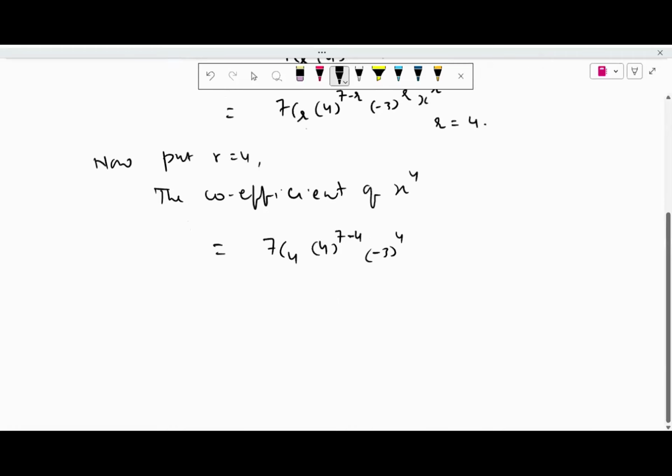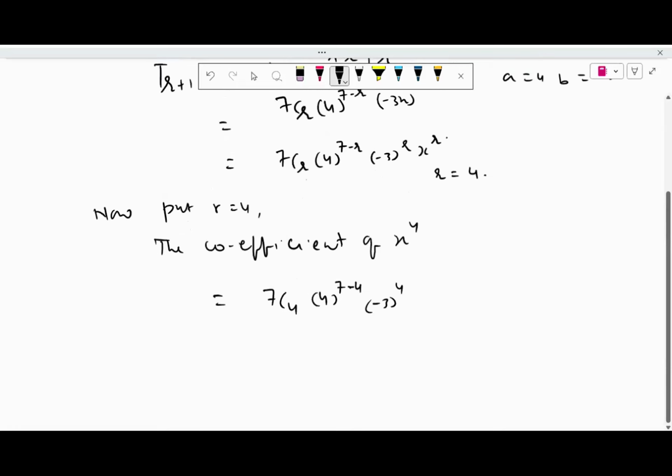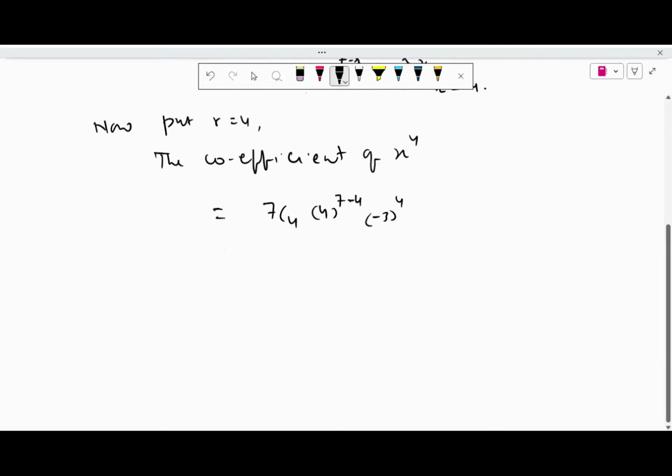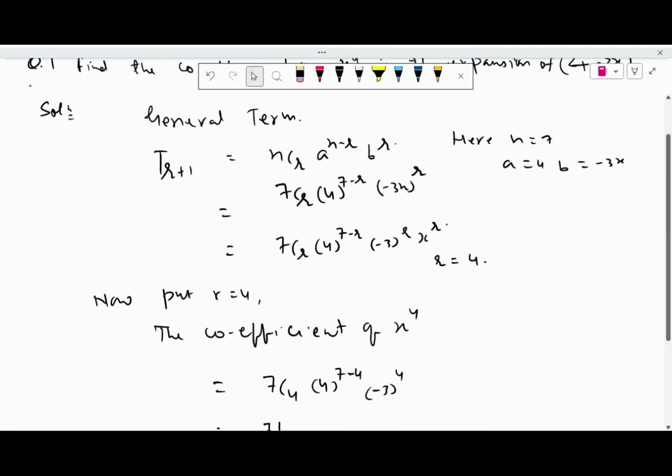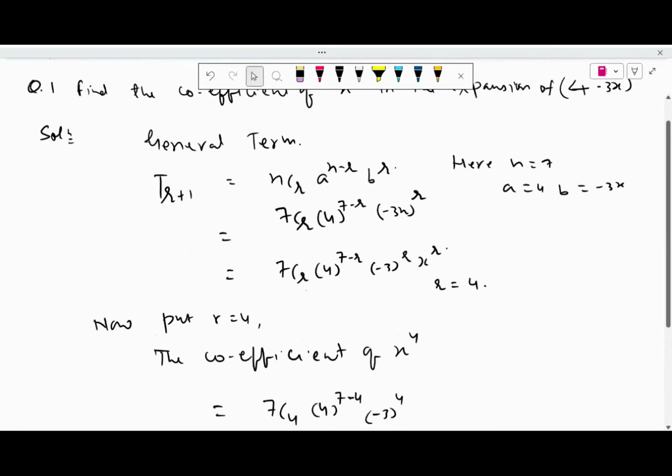What is the coefficient of x to the power 4? It is the constant term excluding x to the power 4. So we have 7C4, which means factorial 7 over factorial 4 multiplied by factorial 7 minus 4. Do you understand, Rajveer? Are we clear so far?